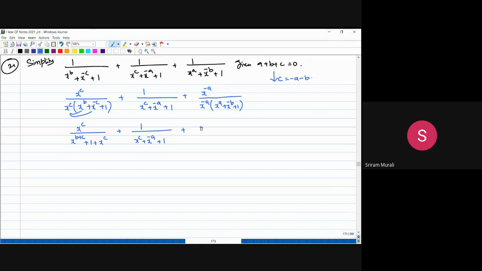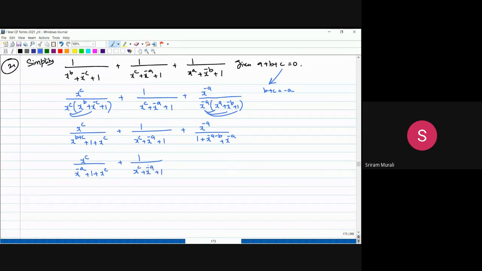This term will be x power minus A divided by, if you insert this, it is 1 plus x power minus A minus B. This is x power minus A. So you can have the first term x power C divided by B plus C. B plus C, you can take it as minus A. So this is plus 1 plus C. This is already in that form, x power C plus x power minus A, don't disturb.